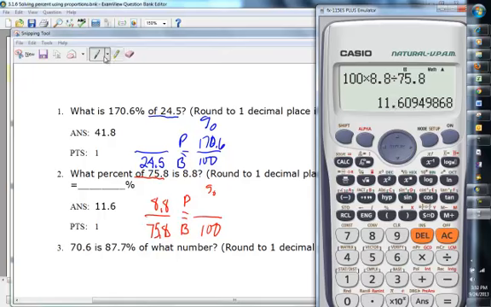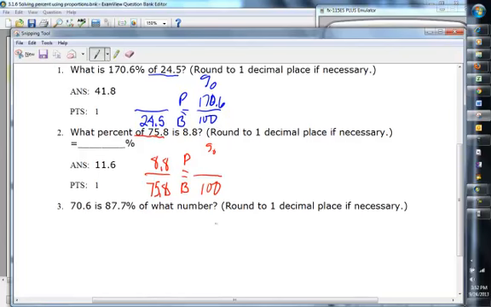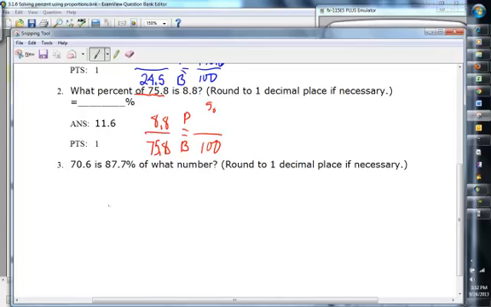Last one. Okay, let's set up our proportion. We've got percents on that side. 100 is always the bottom number. 87.7. And then we're looking for the base, because if you notice that's after the of, so 70.6 is the part.